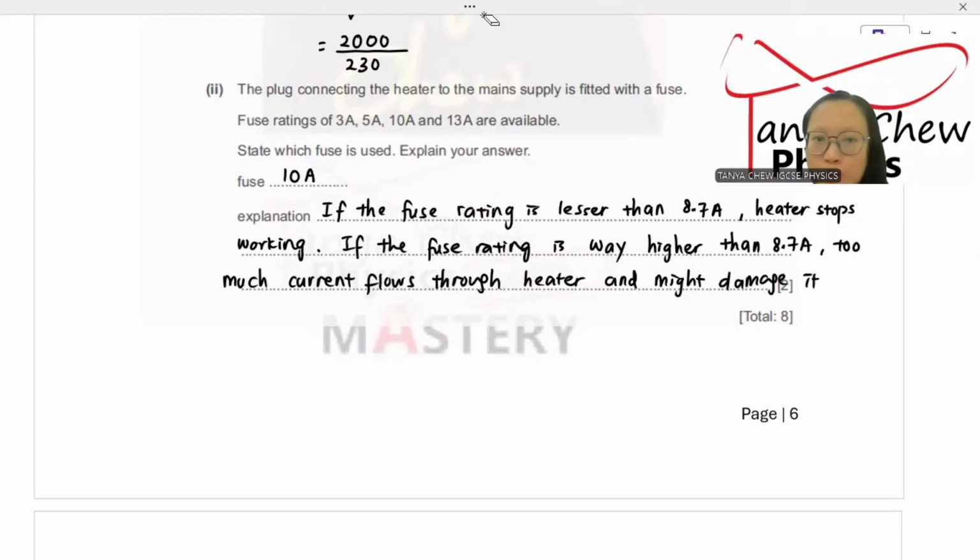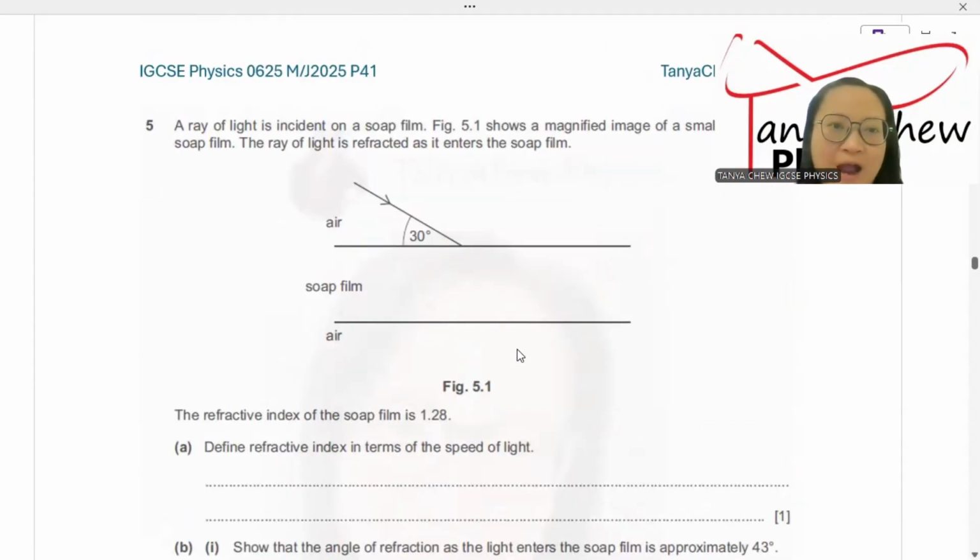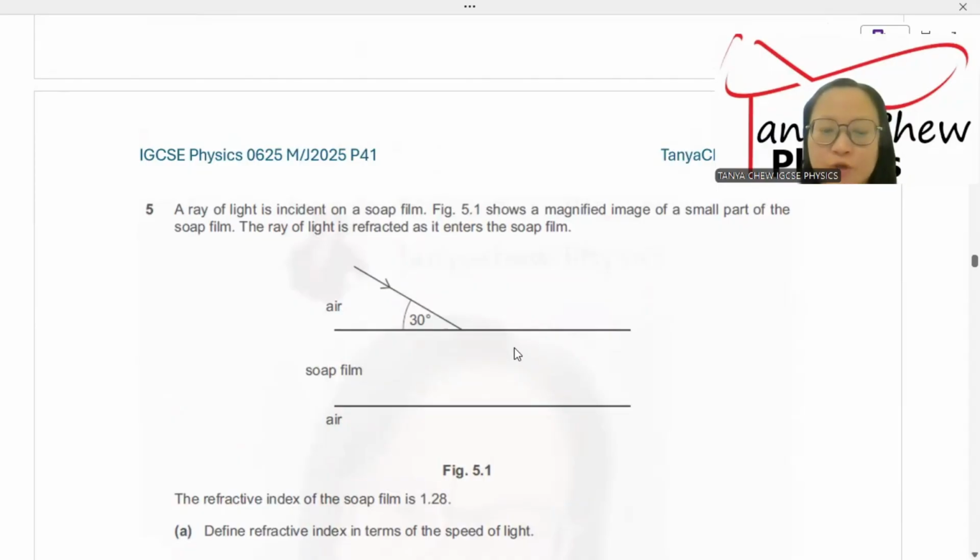So you want the fuse rating to be just a little bit higher than the current required by the heater. That's all.